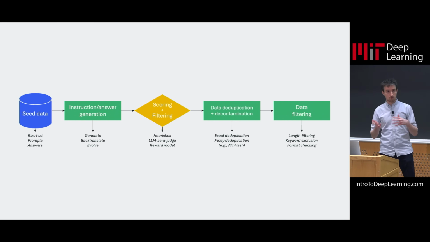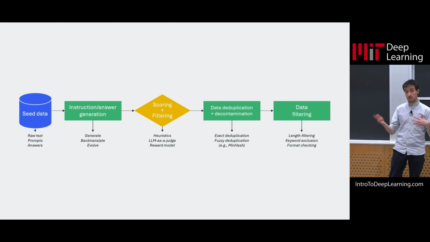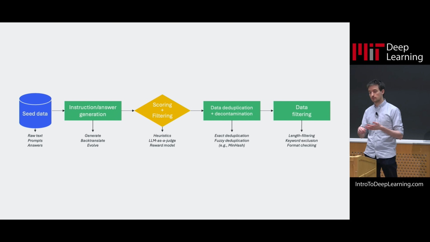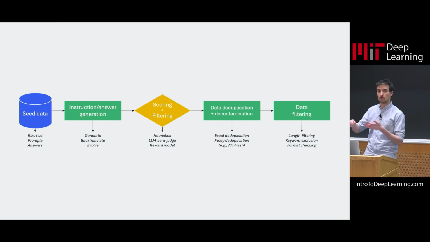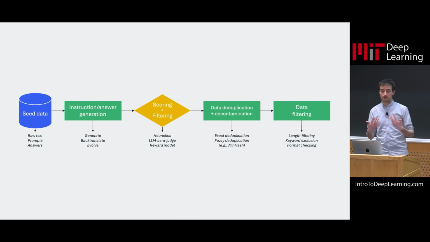For example, if you have raw text, the problem is that you do not have questions with it. You just have the answers. So you can use back translation to ask a language model to please write the question that corresponds to this raw text. Then you have scoring and filtering.